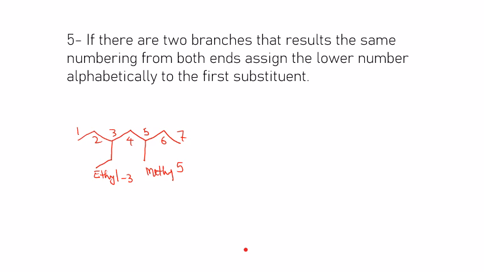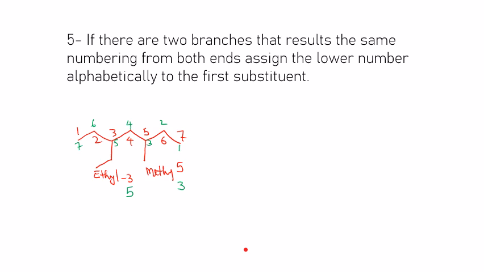And if I number in the opposite direction, so if it is 1, 2, 3, 4, 5, 6, 7, I am getting my ethyl group on which carbon? Fifth carbon, and my methyl group is on the third carbon. So what do I have to do? Give the lowest number alphabetically to the first substituent. So which one will I pick, the green one or the red one?